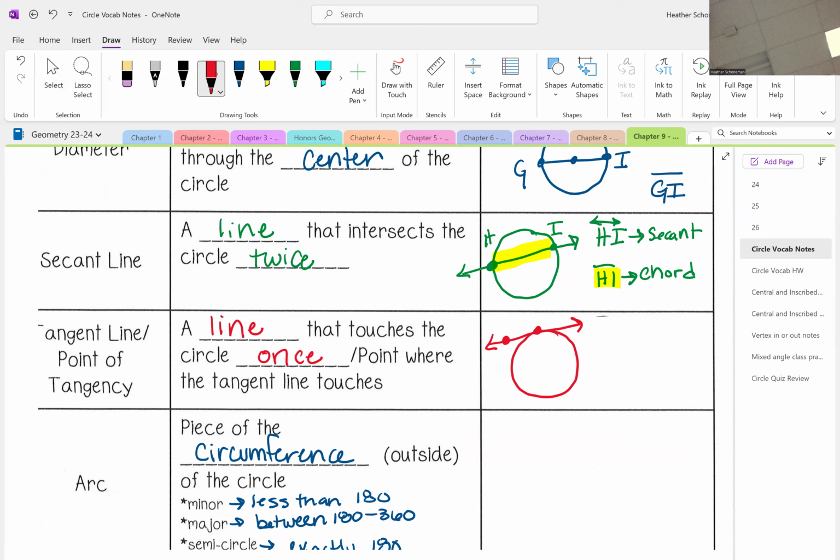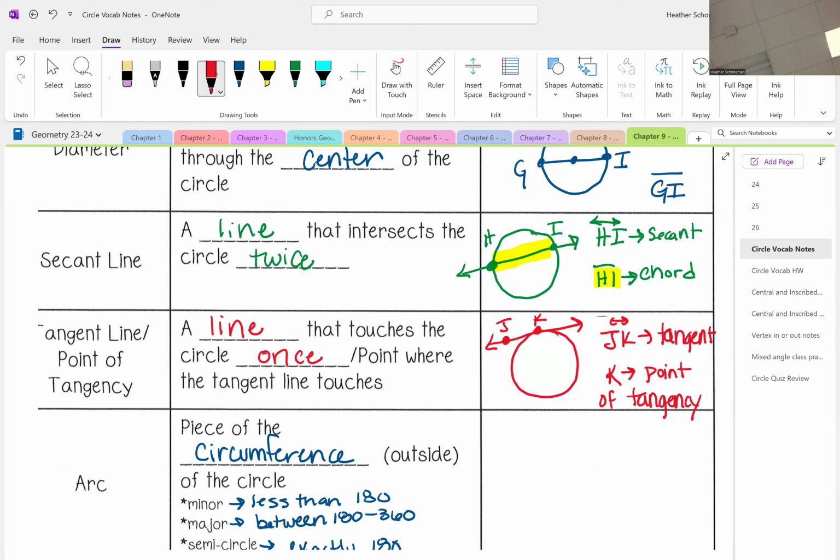If I put letters on this, okay, in this picture, line JK is the tangent. Point K, and when we do K, we do points, which is a capital letter. Point K is the point of tangency.